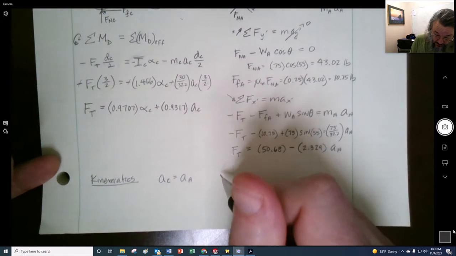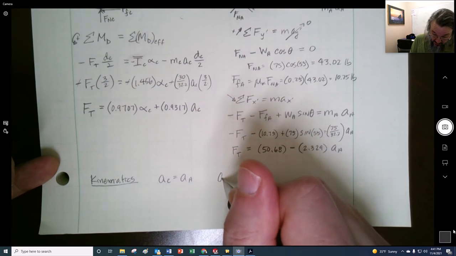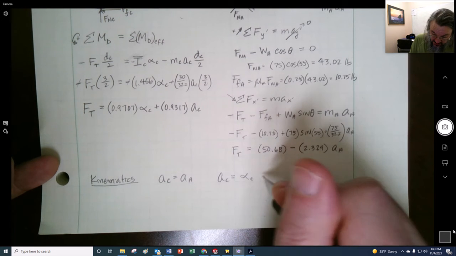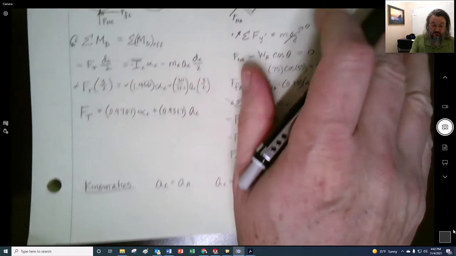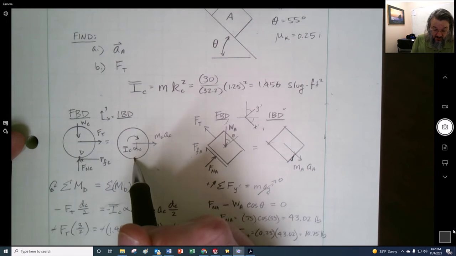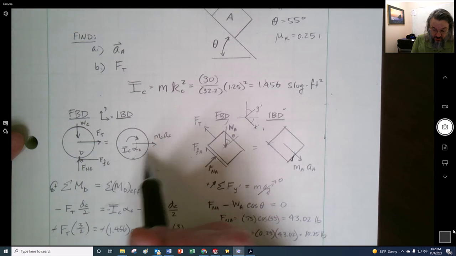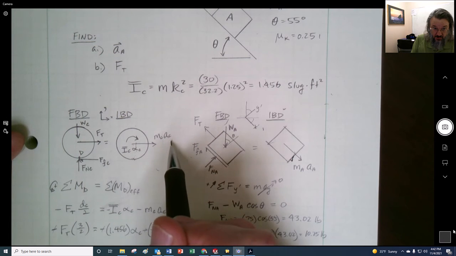We also will take a very simple relation, that the acceleration of c is equal to alpha c times dc over 2, because there's no slipping. That means that about this point right here, this is a tangential acceleration about this point. So just alpha times r is going to give me that acceleration.